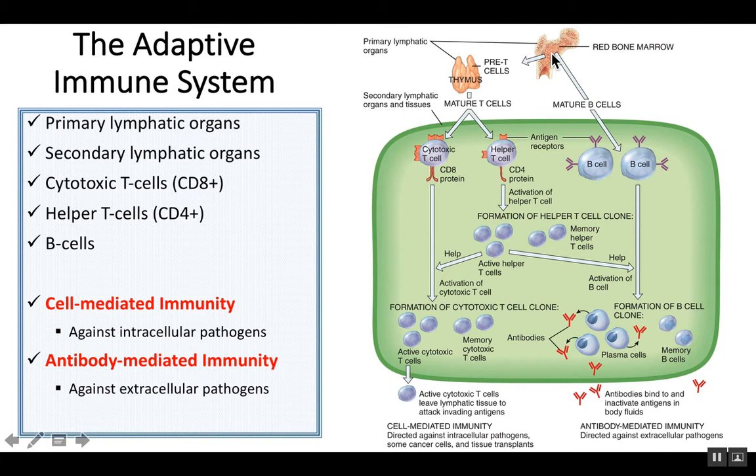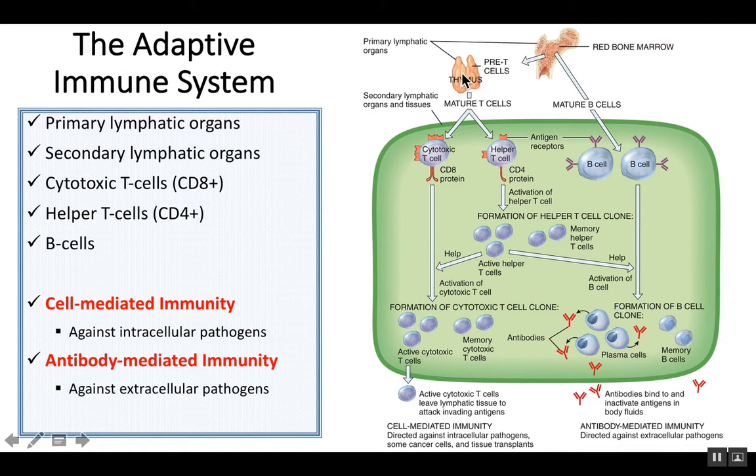T cells are a little different. Before they're mature, they have to go to the thymus for further training. So T cells that leave bone marrow are known as pre-T cells. They're not quite ready yet. And there are a number of mechanisms in the thymus that allow those pre-T cells, kind of like a pre-teenager, to mature.